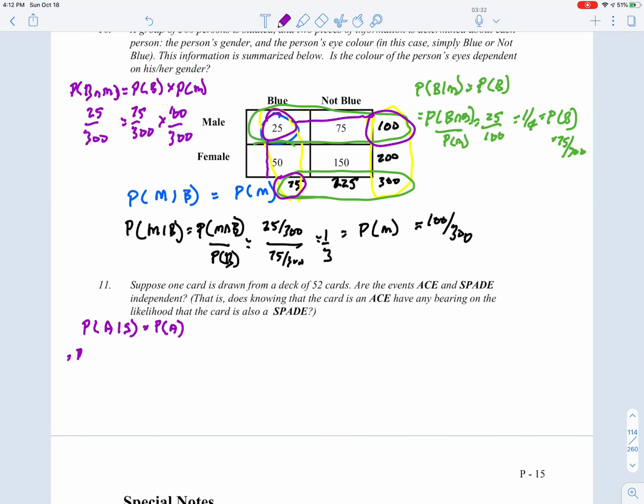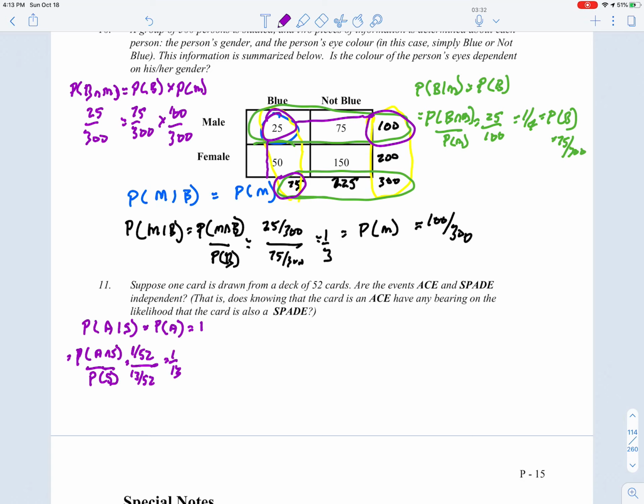So let's take a look at our formula for conditional probabilities: the probability of A and S over the probability of S. 1 out of 52 cards are aces and spades, and the number of spades is 13 out of 52. So it's equal to 1 out of 13.